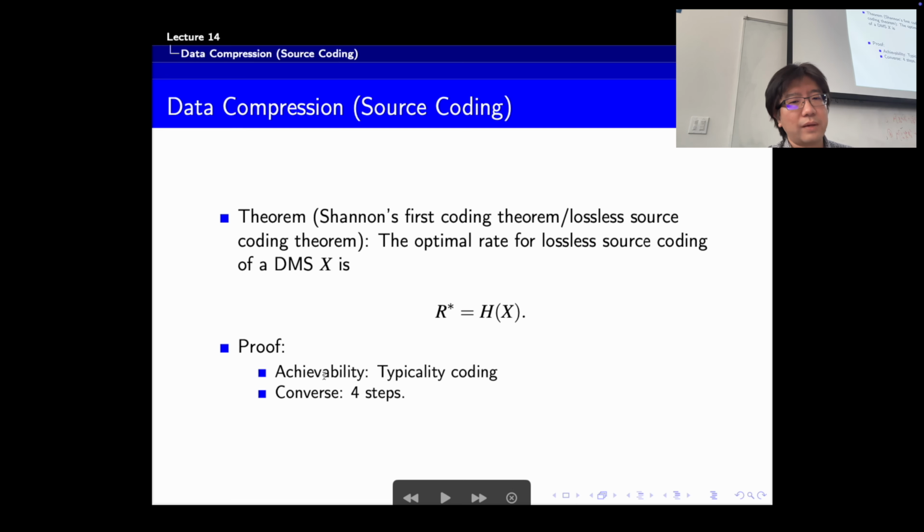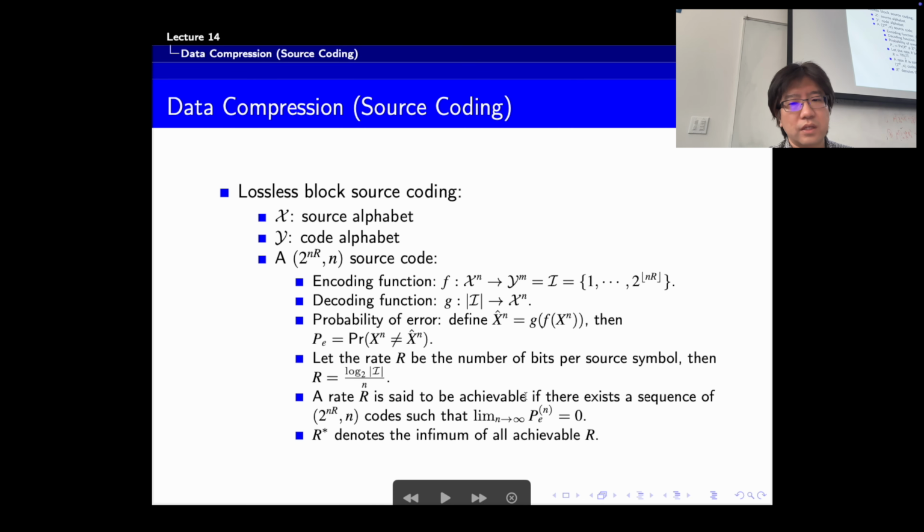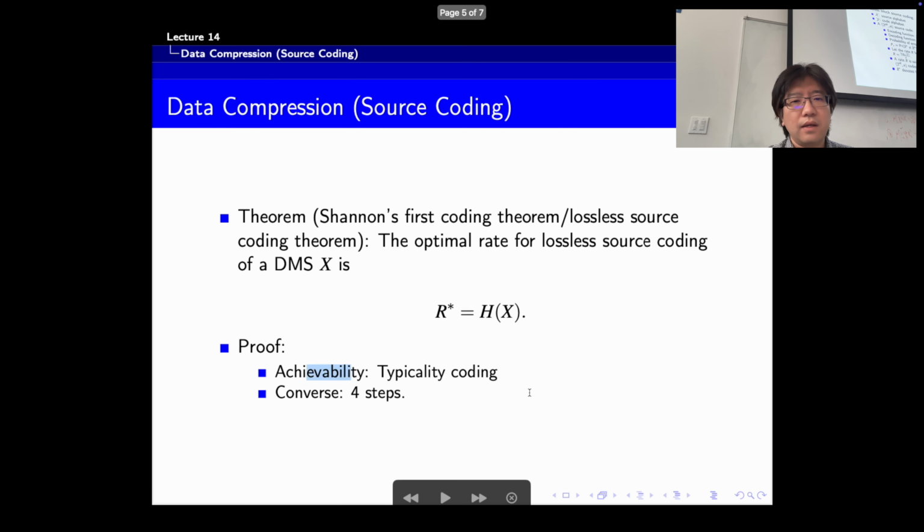And for the proof, we have two parts: achievability and converse. Achievability basically means that we need to construct a coding scheme to show that all of these conditions will be met. And here what we use is called typicality coding, or we just use typical sequences. Basically, we ignore everything else that is not in the typical set.